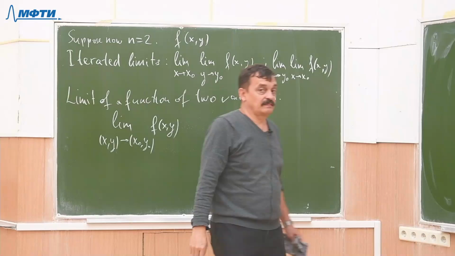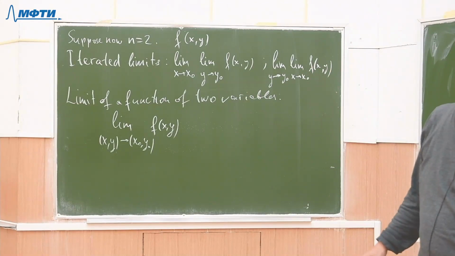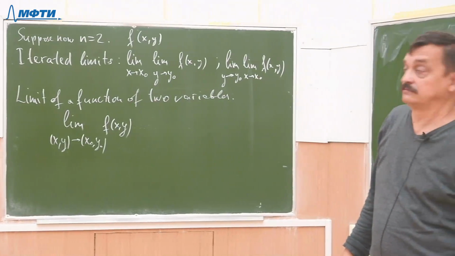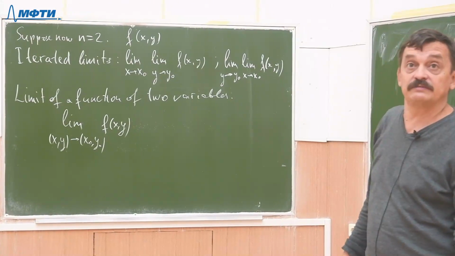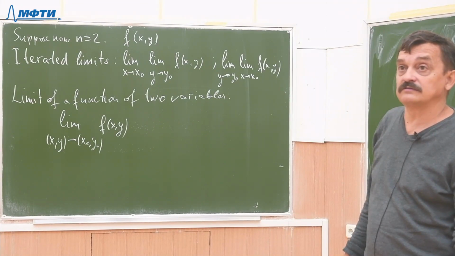So for functions of two variables, we can form several types of limits, right? And all of them, in general, are different.